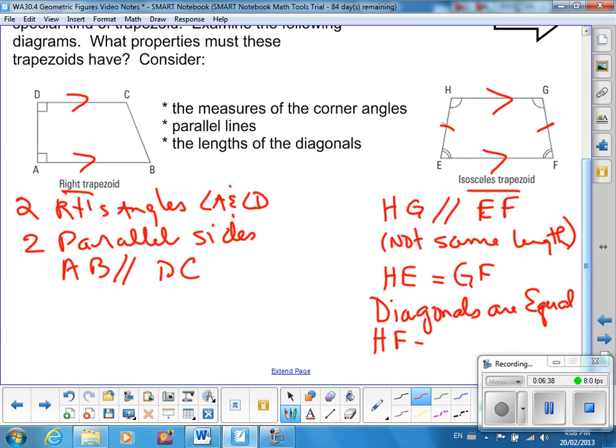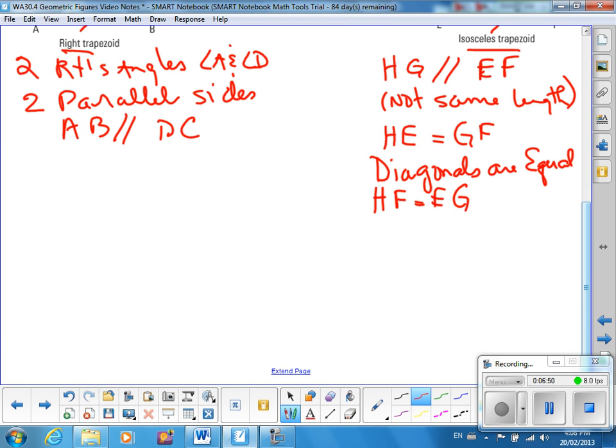HF equals EG, and that makes the angles equal. Angle E will equal angle F, and angle G will equal angle H.